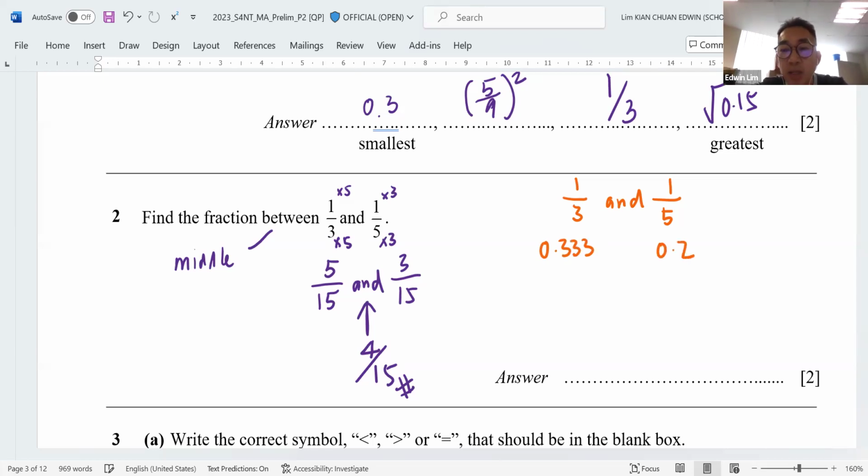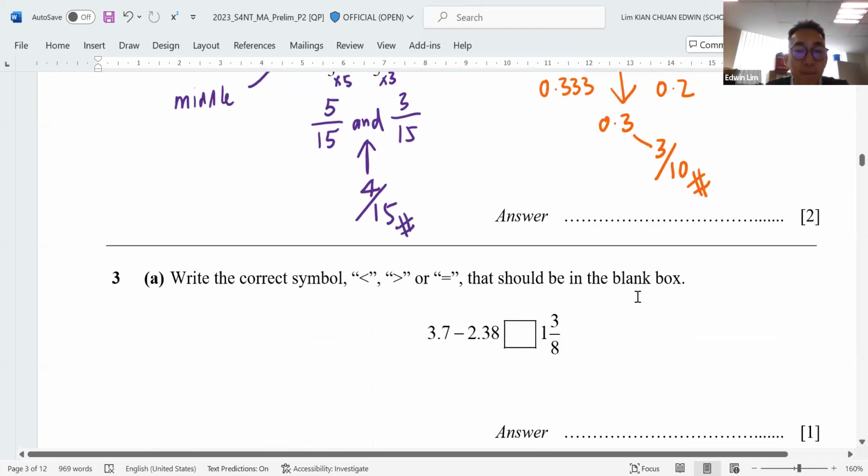Any decimals that is between 0.333 and 0.2, I just get one of the numbers, 0.3. All right, it's between 0.333 and 0.2. So 0.3, if I change it to become a fraction, it will be 3/10. All right, this is another answer for this question.